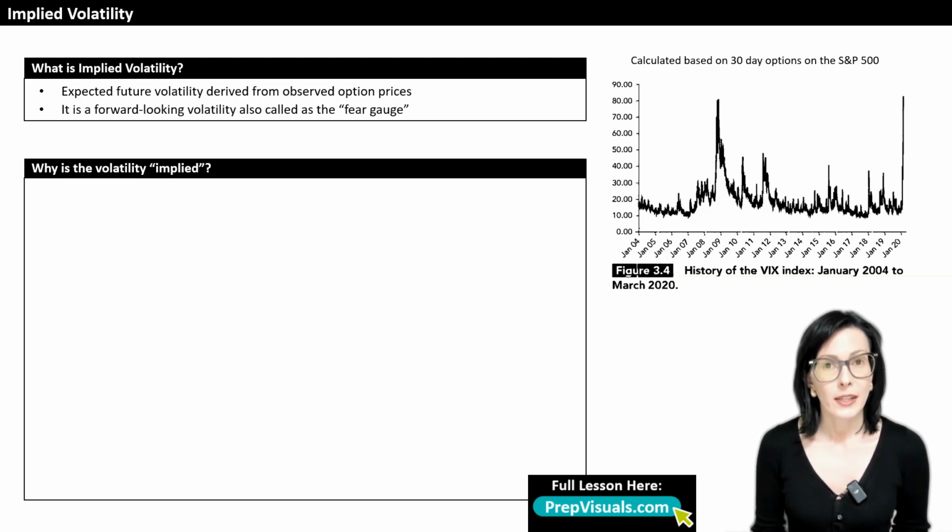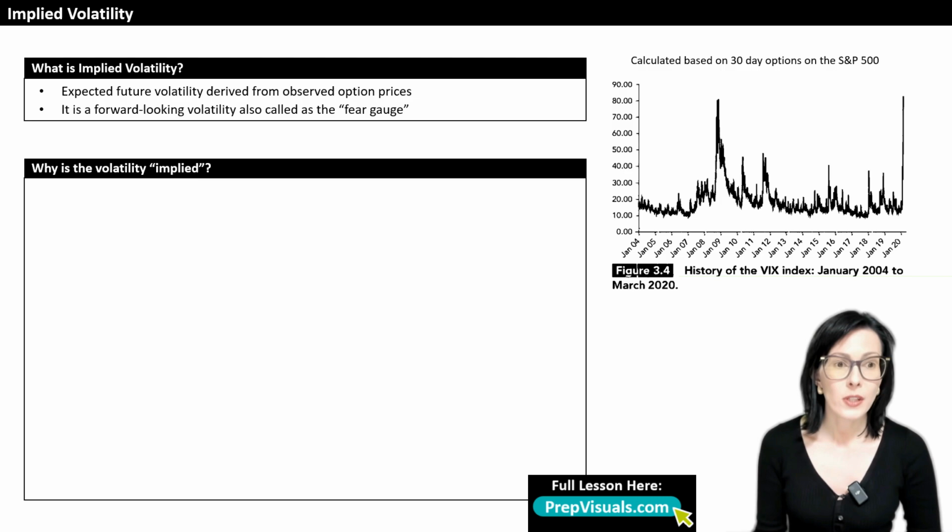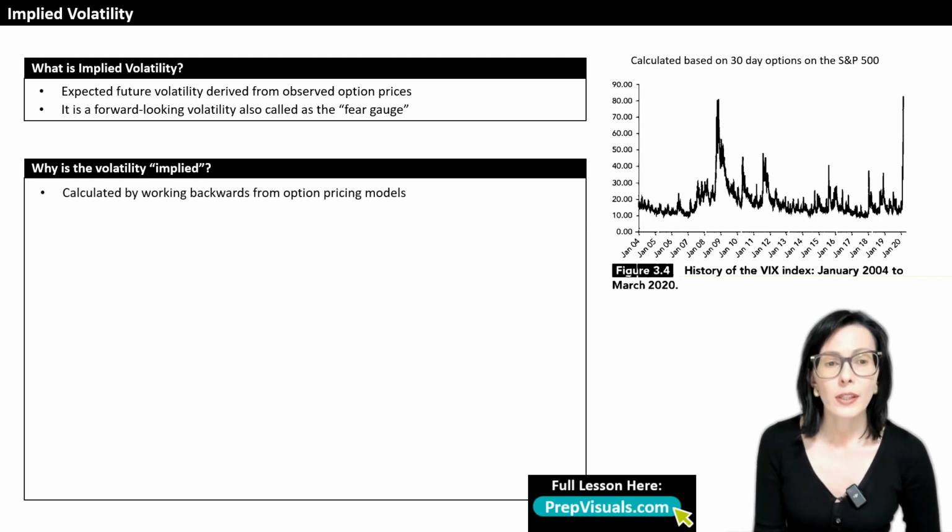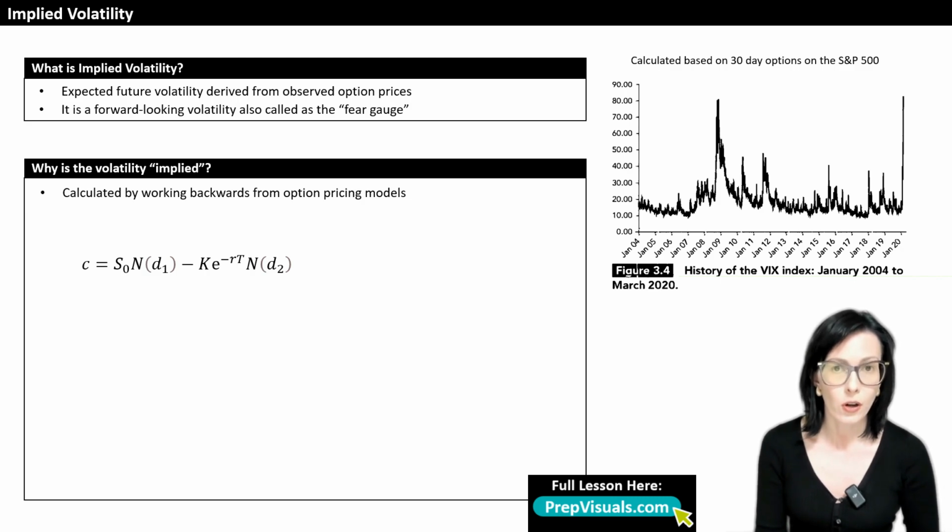So now that we understand the big picture, let's ask ourselves why this volatility is implied. The reason this volatility metric is implied is because it is calculated by working backwards from option pricing models. You will understand what I mean in a bit. This is the famous option pricing model by Black-Scholes, and this is laser focused on a call option.